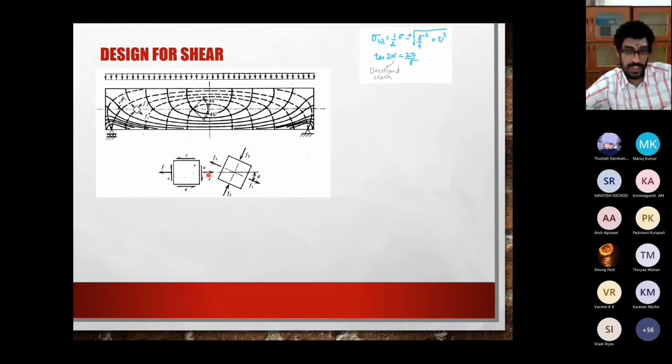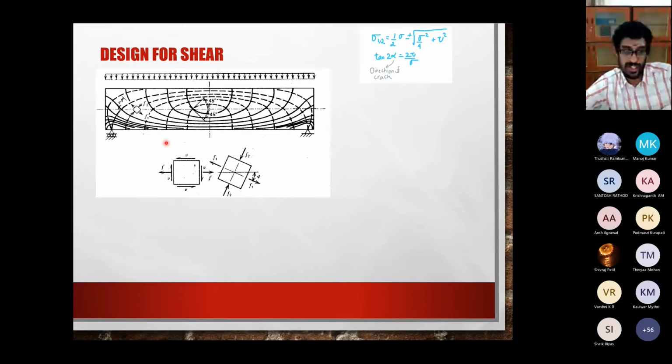Now, whenever you have a 2D element like this with normal stresses and shear stresses, you should remember that you can convert that system into its principal directions and principal stresses.